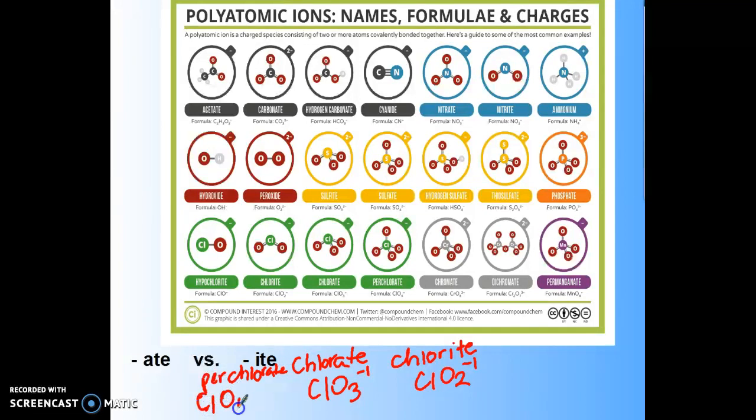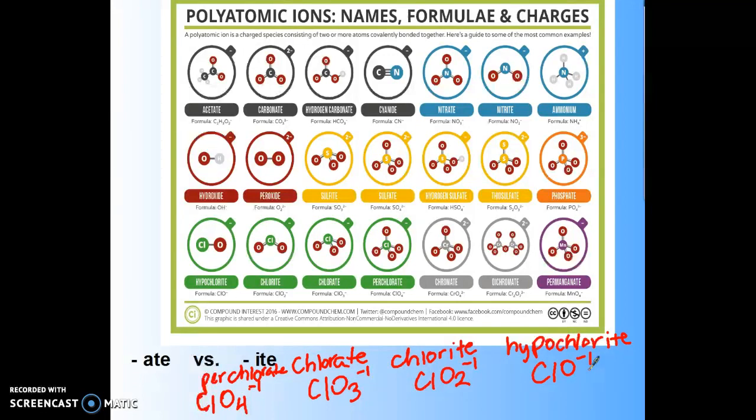Sorry, I'm writing this weird. ClO4, I think it's still a -1 charge. Okay. Now, if it has even 1 less oxygen than chlorite, it would be hypochlorite, and that's all the way on the bottom left corner of the picture here. Hypochlorite, and that's ClO with a -1 charge.